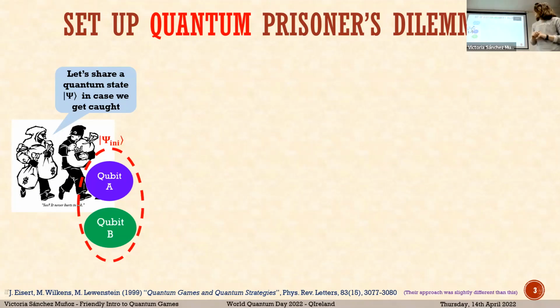So in the quantum prisoner's dilemma, we have the two robbers, but when they are together, they decide to share a quantum state with two qubits, qubit A and qubit B. Qubit means that there are two possible outcomes when I measure, either 0 or 1. Okay? And they have two qubits.